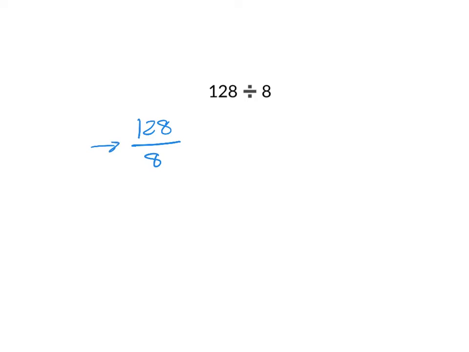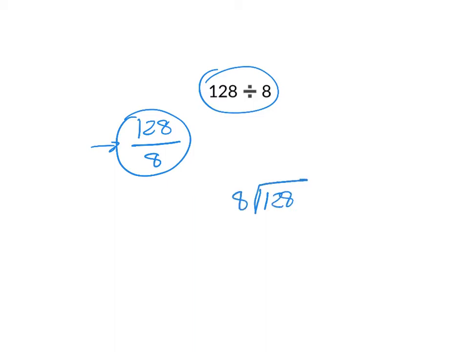So when we see 128 over 8 like this, or 128 divided by 8 like this, what we are doing is we're seeing how many times 8 goes into 128.